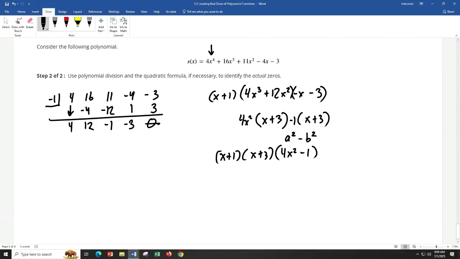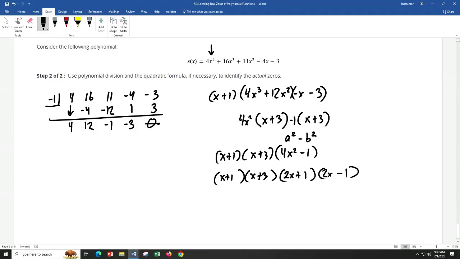Isn't that a difference of squares? So doesn't that turn into what? Come over here, and I can write x plus 1, x plus 3. Then I got to write 2 parentheses, one with a plus sign, one with a minus. Square root of 4 is 2x in both. Then put a 1 in both, and there you go.